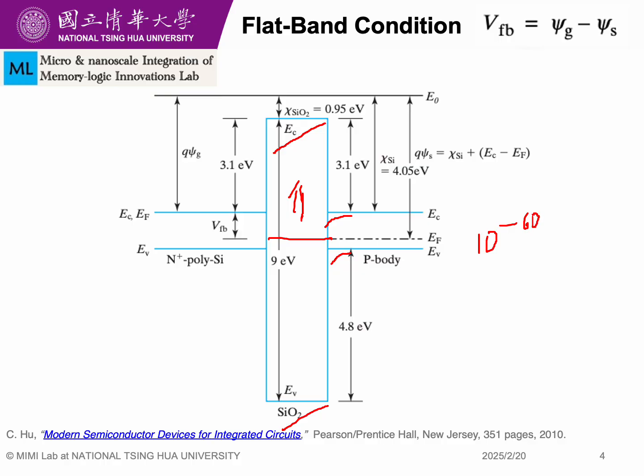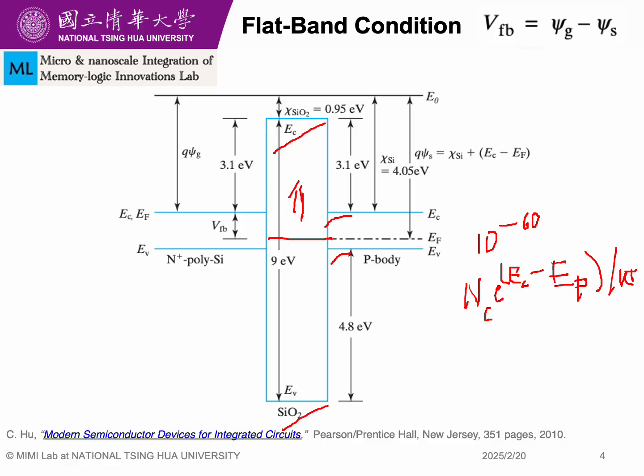We get it by Nc times exponent of minus (EC minus EF) by kT. As this value is too high, we will get a very low carrier concentration. So that's why it doesn't make sense.